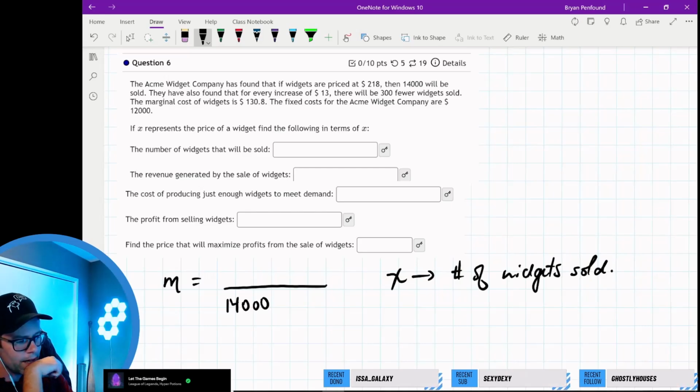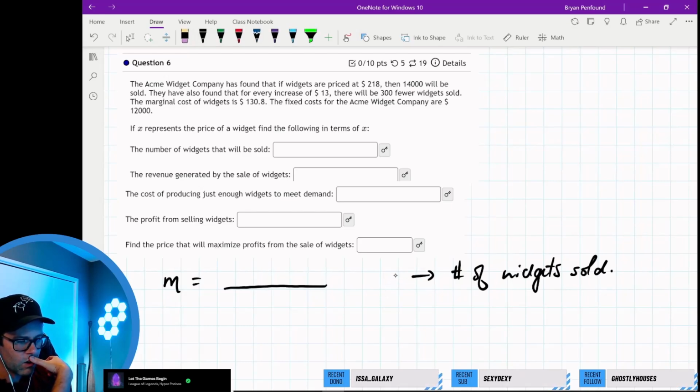So yeah, I am under the impression that x is going to be... Or no, I guess that's not true necessarily, because the number of items that we sell is actually going to be dependent on the price, isn't it?